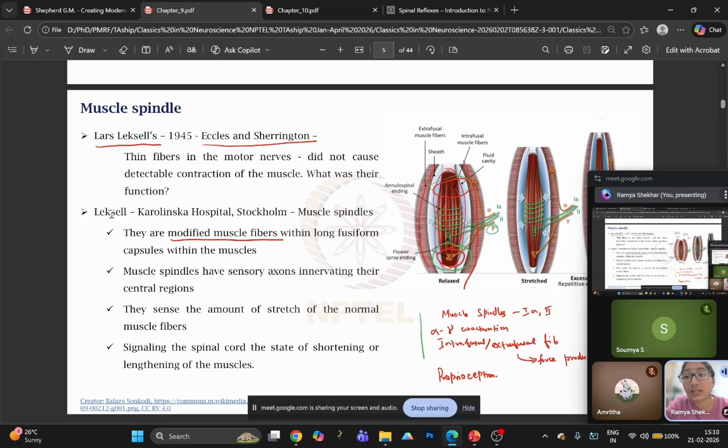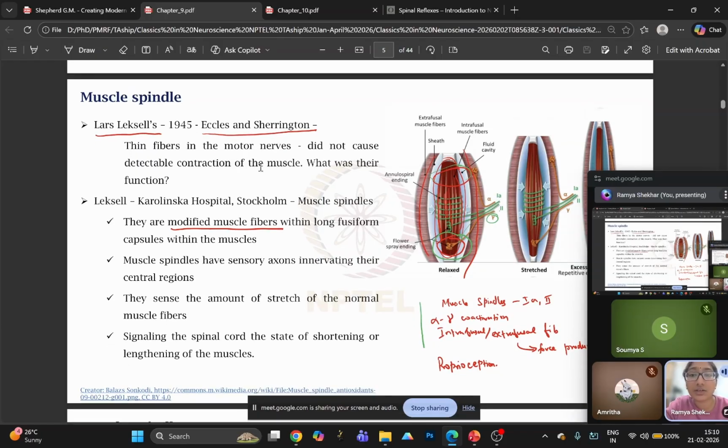So Leksell was a young neurosurgeon at Karolinska Hospital, and he was interested in trying to find out what is the function of these thin fibers. So he realized that these fibers are actually the ones that innervate the muscle spindles.